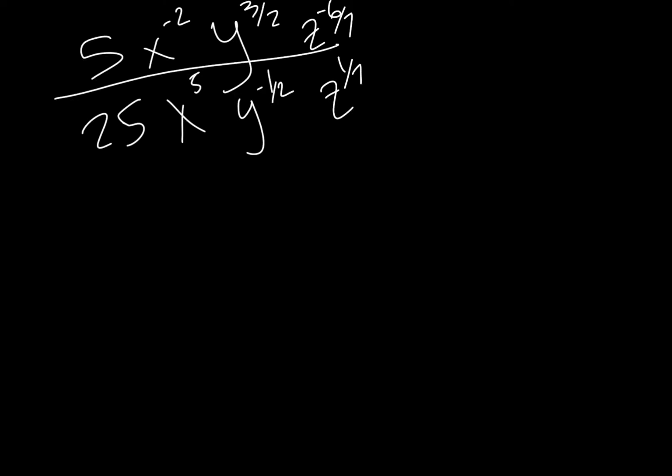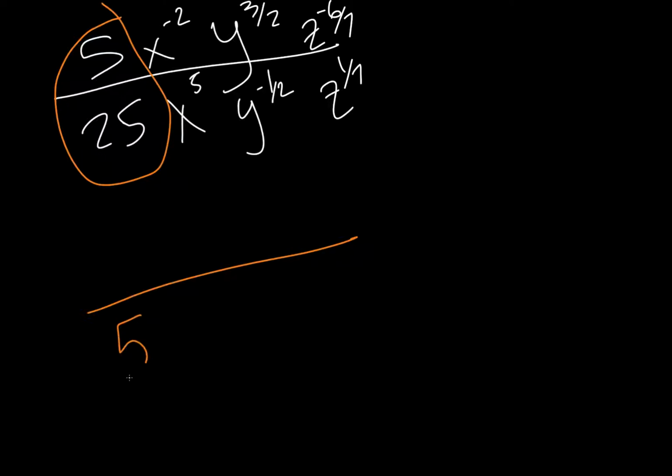Okay. So the first thing is, don't get so set on using these rules that you forget that you only use them when they're exponents. This first part right here, we just treat like a regular fraction. So if we had 5 divided by 25, we could change that to 1/5. Now I'm not going to write the 1 yet.